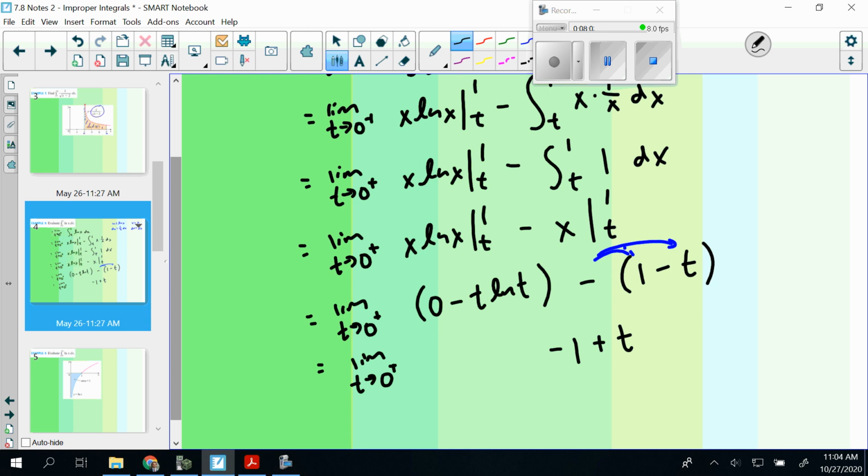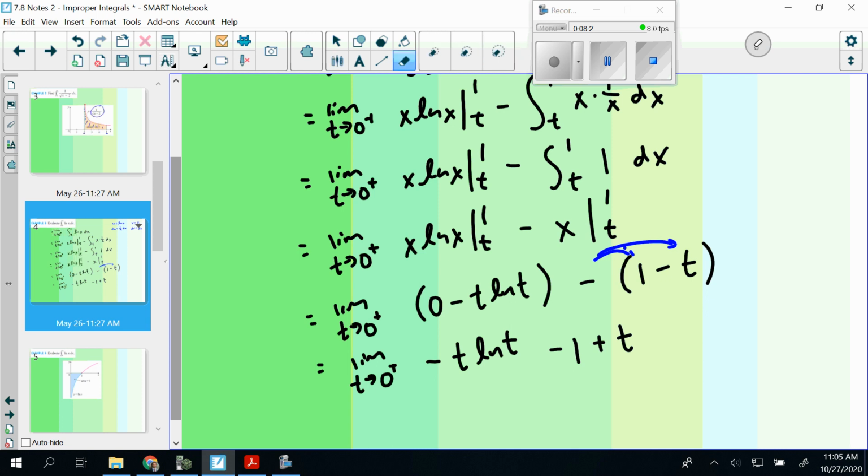Here's the one, though, that we got to do a little bit more thinking on. How do we evaluate this one? Because as we approach 0 from the positive side, t is going to approach 0. Natural log t is going to approach -infinity. That's an indeterminate form. So that should clue you in on, remember, we've done a bunch of these indeterminate form ones.